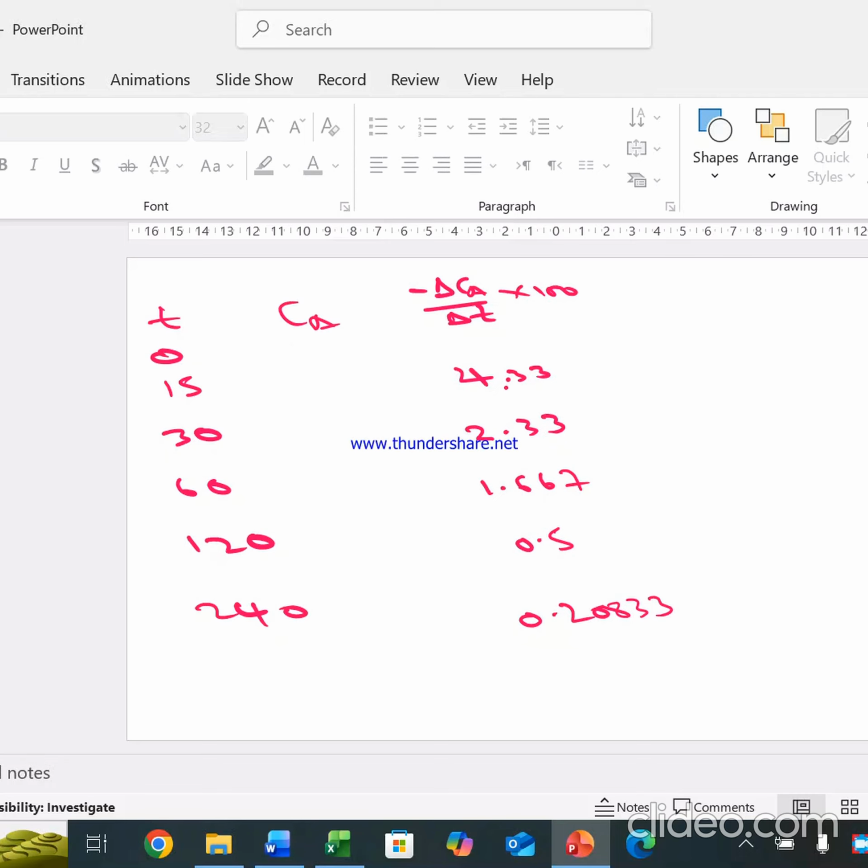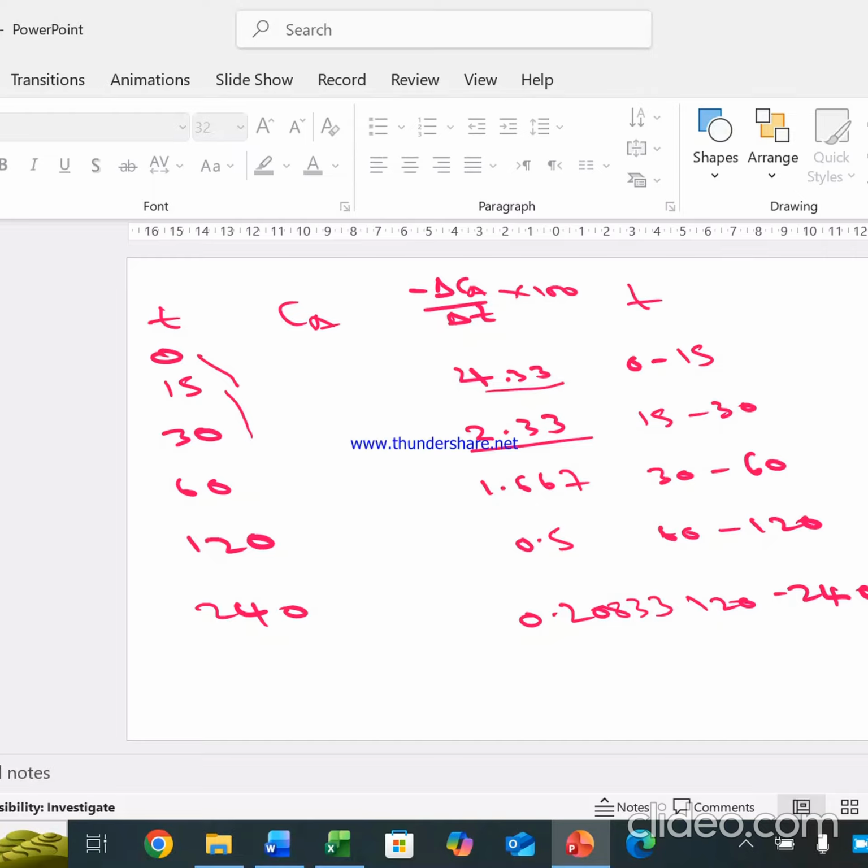What this actually means is that between 0 and 15, we have 4.33. Between 15 and 30, we have 2.33. So this is the T range: 0 to 15, then 15 to 30, this is 30 to 60, this is 60 to 120, and this is 120 to 240. So that is the differencing result.